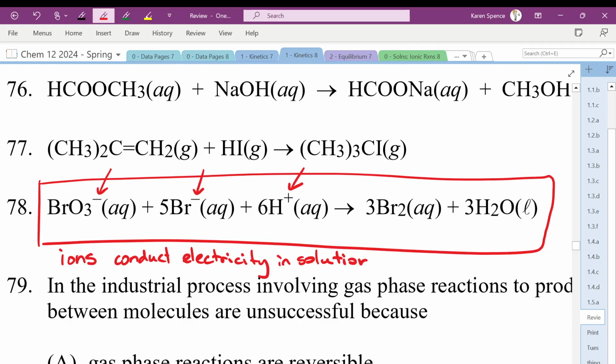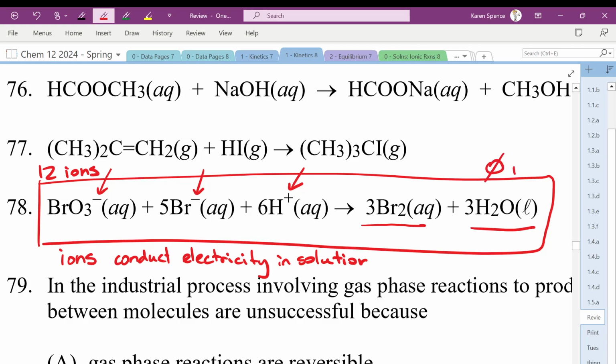So over here we have 11 plus 1 is 12 ions. And over on the right-hand side, how many ions do we have? What makes something an ion? A charge. None.